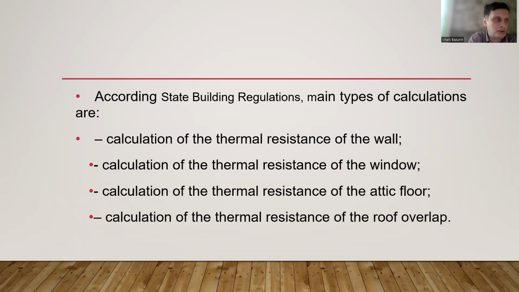According to the state building regulations, the main types of calculations are a calculation of the thermal resistance of the wall, calculation of the thermal resistance of the window, calculation of the thermal resistance of the attic floor, calculation of the thermal resistance of the roof overlap.